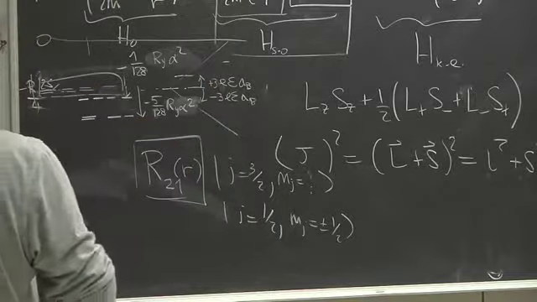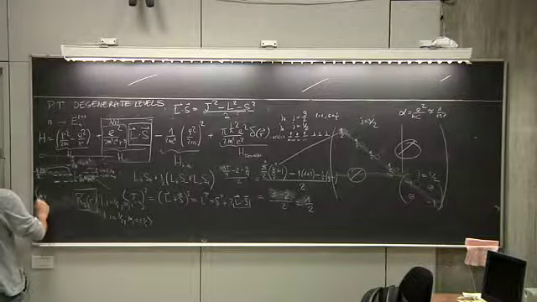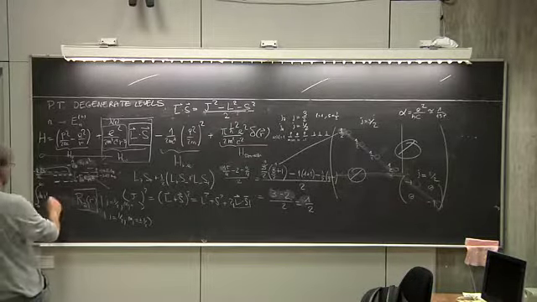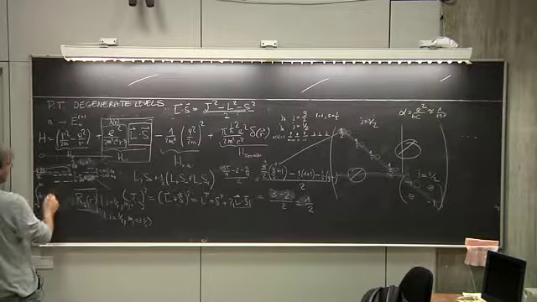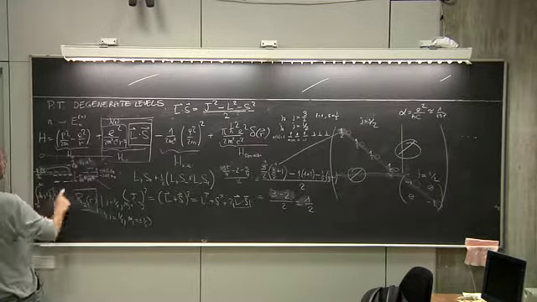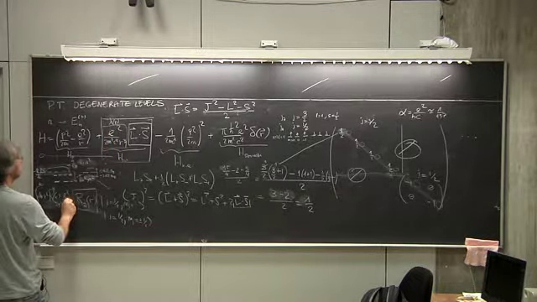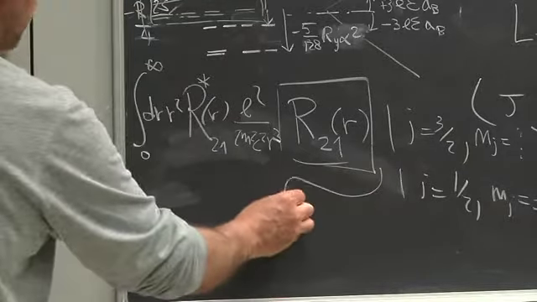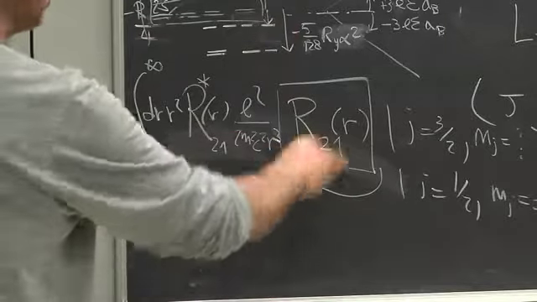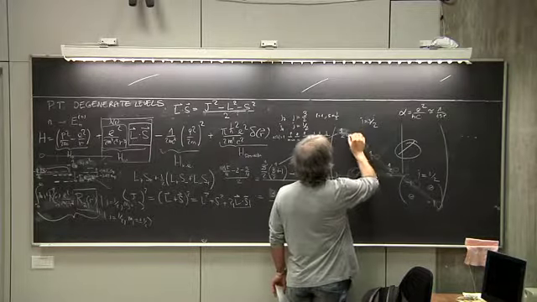So what I should do is calculate an integral over r squared from 0 to plus infinity of R 2,1 star, there's no need really for a star because they are real, times this object, e squared over twice m squared c squared r cubed. So you need to know this integral, and this integral is the potato I was drawing here.